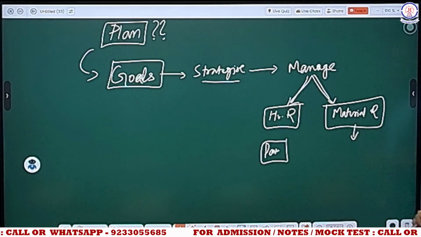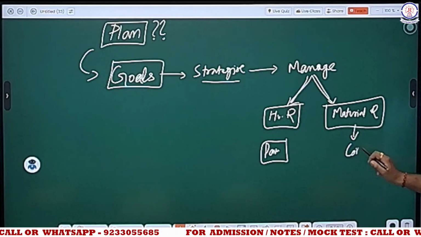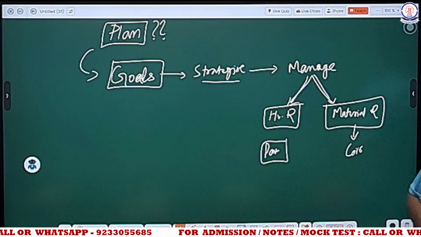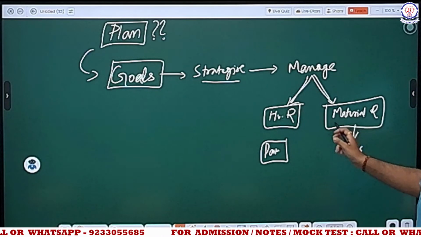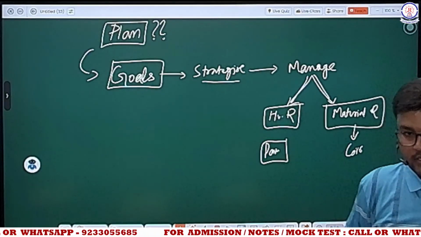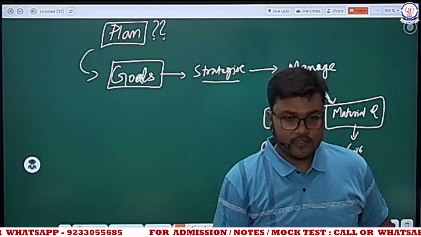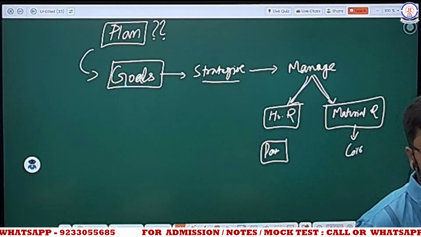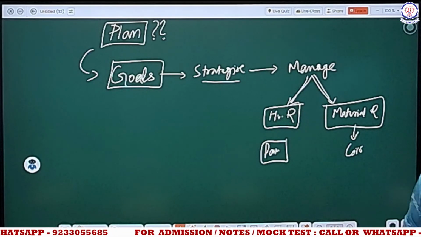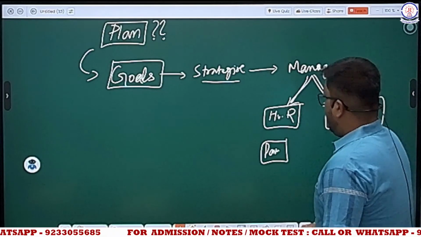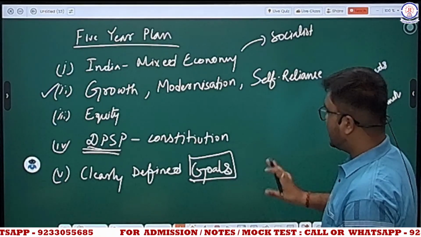In material, coir boards are to be set up, so that there is a management of materials. Okay, so you can see these 5-year plans are in sync with the directive principles of state policy.